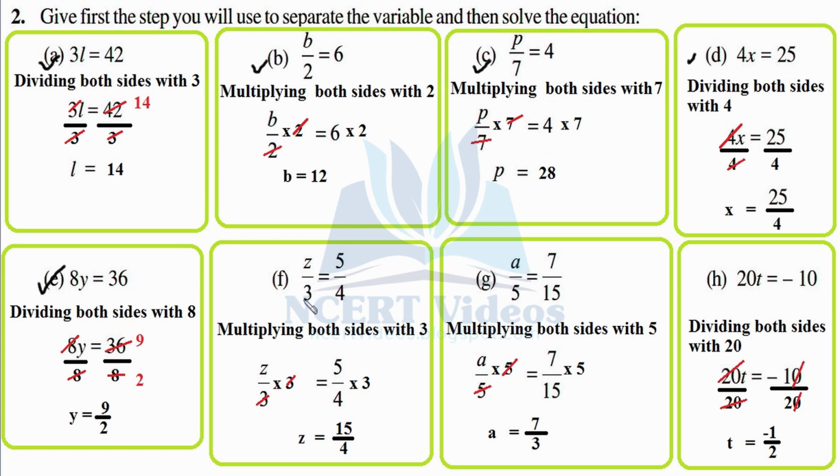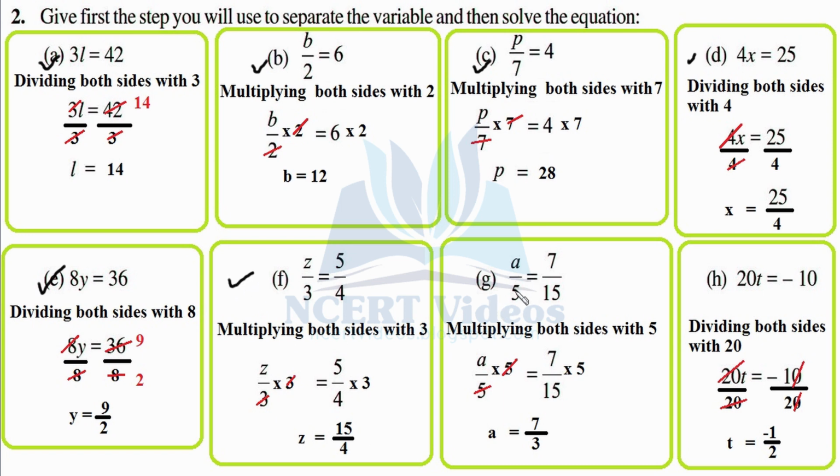So it is in division, so we'll have to introduce multiplication so that we can cancel them. Multiplying both sides by this number, that is 3. So z over 3 as it is, 5 by 7 as it is, introduction of multiplication on both sides. 3 3 cancel, z is separated. Now 5 threes are 15 over 7, z equals 15 over 7.